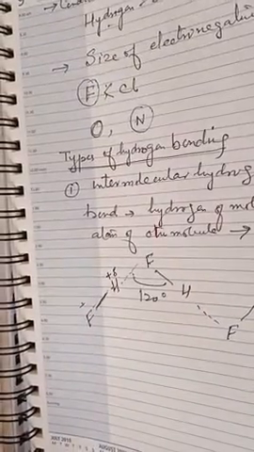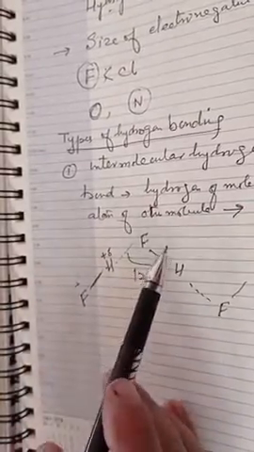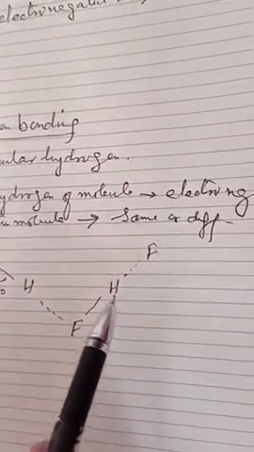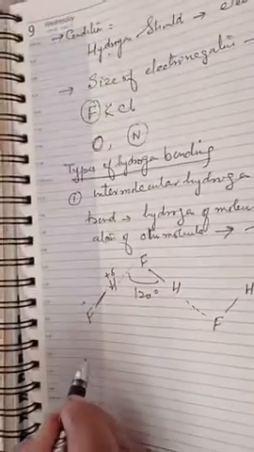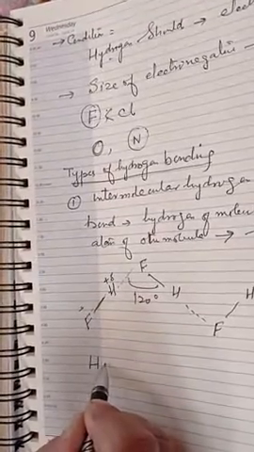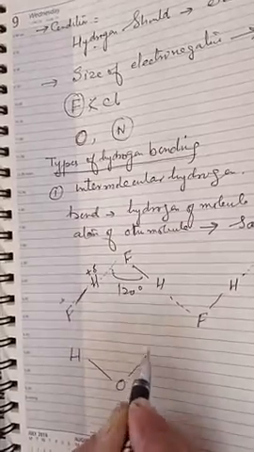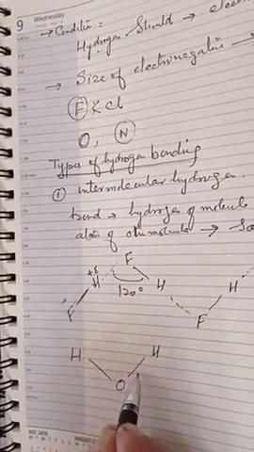In the case of hydrogen fluoride there is intermolecular bonding, that means a bond formed between the hydrogen of one molecule and the electronegative atom of another molecule of the same or different substance. For example, in the case of water, you have seen there is hydrogen bonding. Oxygen is bonded to hydrogen atoms by a covalent bond.